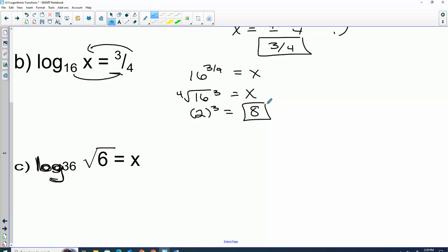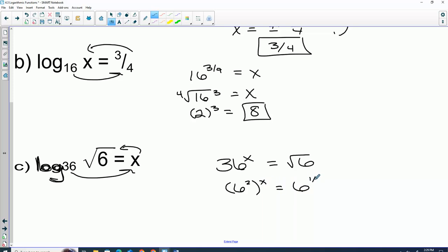Alright, this one we have 36 to the x equals the square root of 6. So we have to get a common base. 36 is 6 squared. A square root is like what power? So we have 6 to the 2x equals 6 to the 1/2.